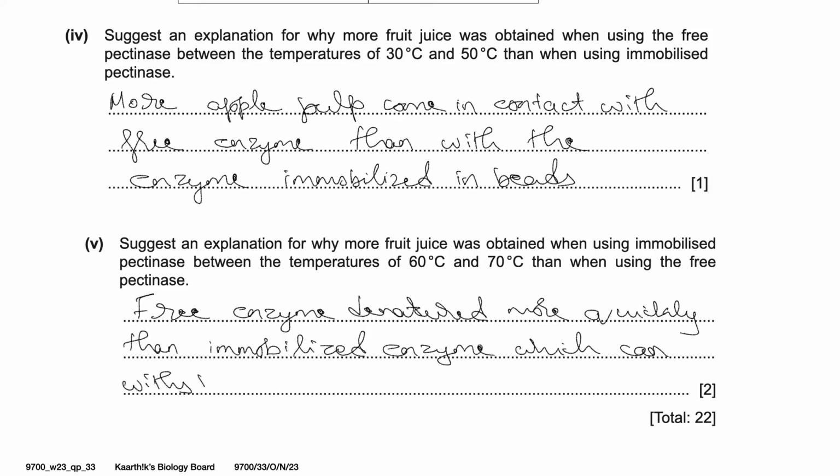So free enzymes denature more quickly than immobilized enzymes. Immobilized enzymes are capable of withstanding higher temperatures. So at 60 and 70 degrees Celsius the activity of pectinase was still seen, and a greater amount of fruit juice was obtained when immobilized pectinase was used at 60 and 70 degrees Celsius.